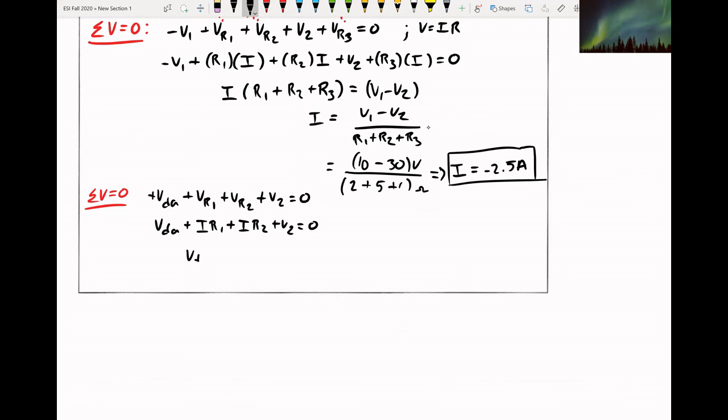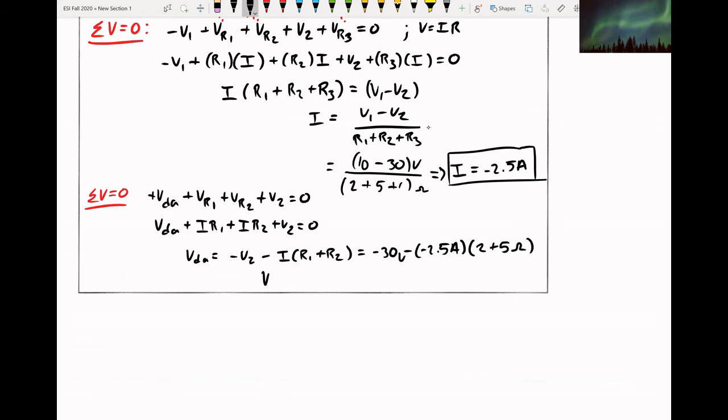So therefore, VDA is equal to minus V2 minus I times R1 plus R2, which would give us minus 30 minus negative 2.5 amps times 2 plus 5 ohms, so volts.